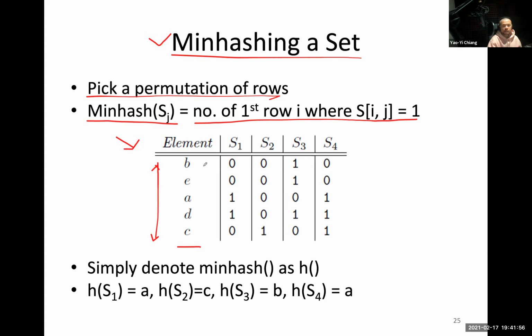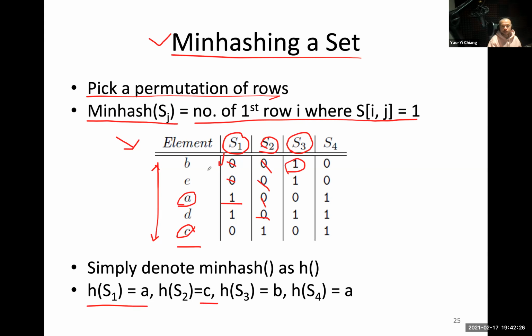What does it mean? So this is the document that you want to generate a signature for, okay? And you scan from the top. 0, we don't care. 0, we don't care. Oh, A, S1. So the signature of S1 is A. The signature of S2 is we don't care, we don't care, we don't care, we don't care, and C. The signature of S3 is 1.